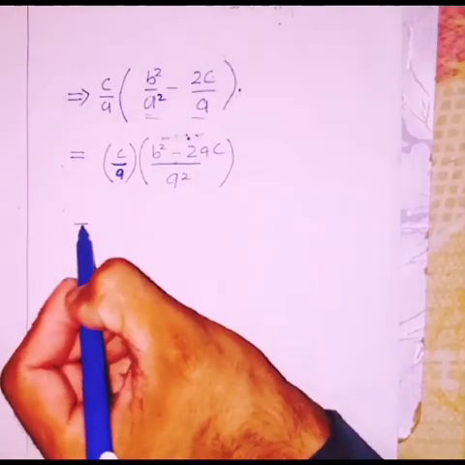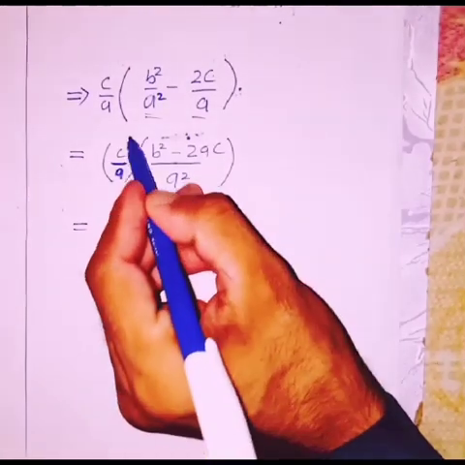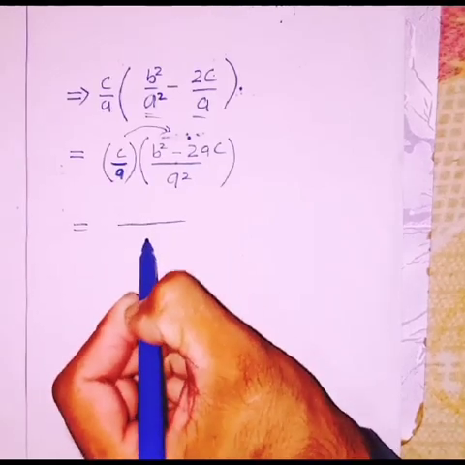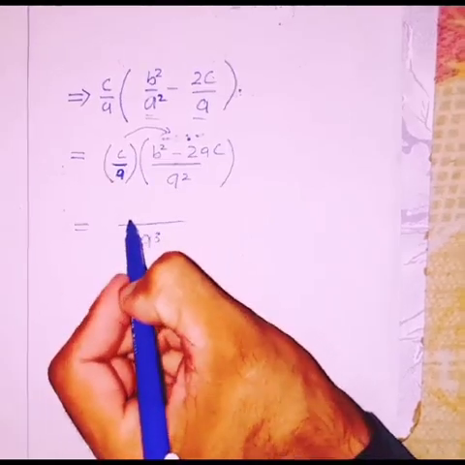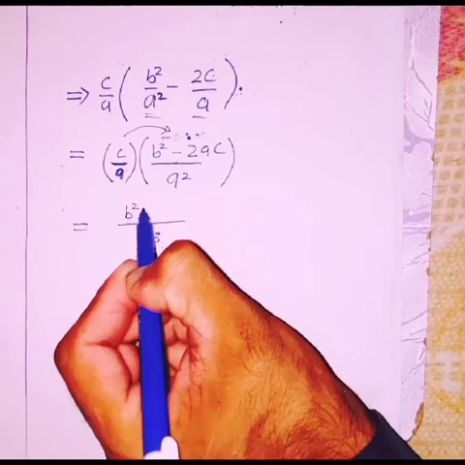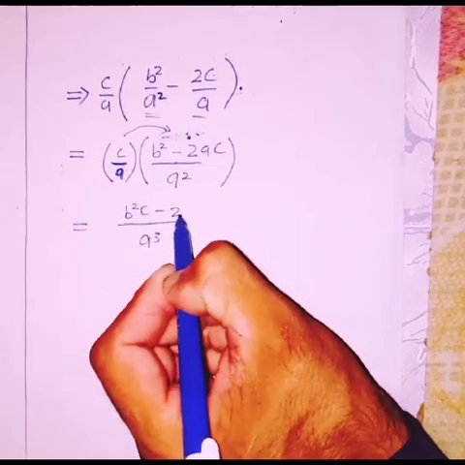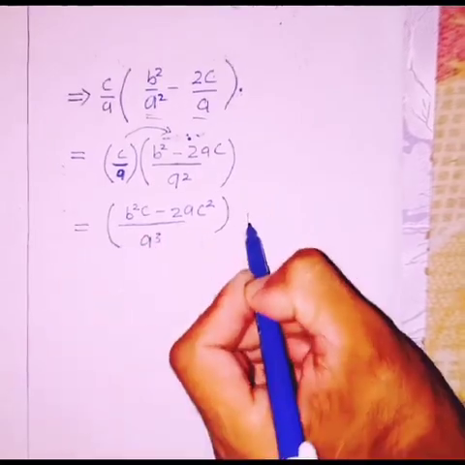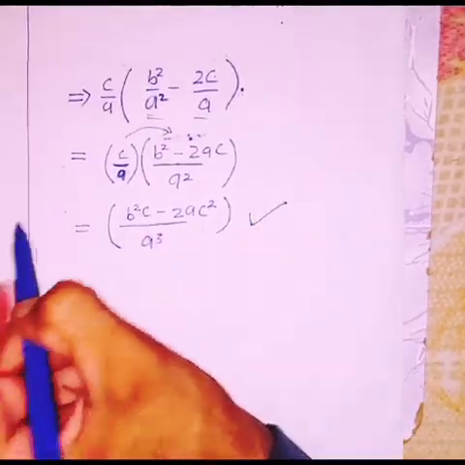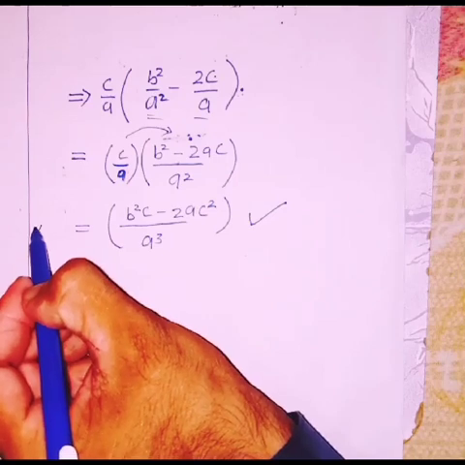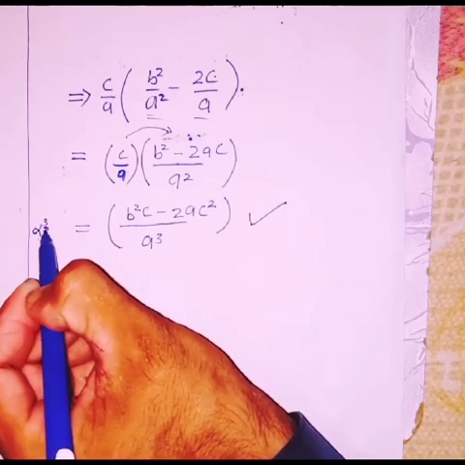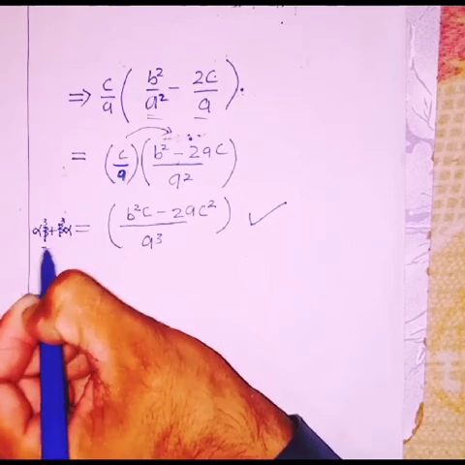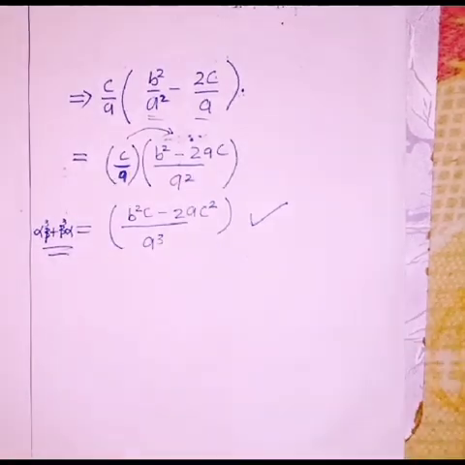Now if we multiply c divided by a with b square minus 2ac divided by a, we get c into b square minus 2ac divided by a square, which is the required value of alpha cube beta plus beta cube into alpha.